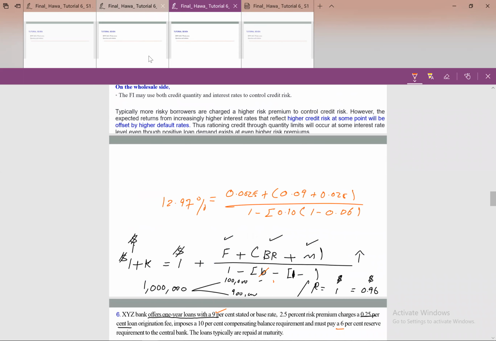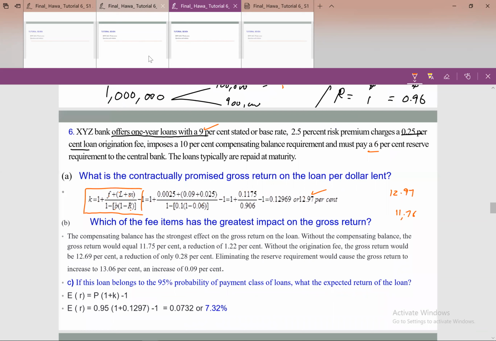So it was 12.97. If we calculate it without the B, we get 11.75, which is a drop of 1.22%.